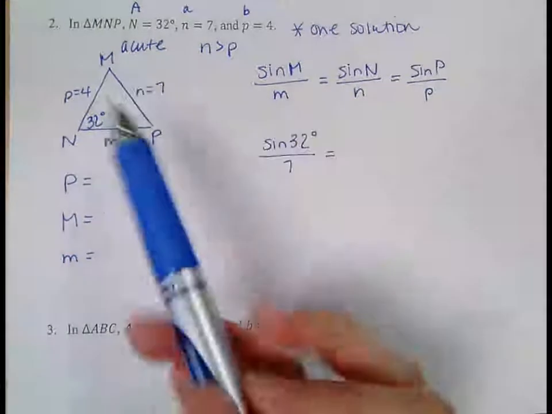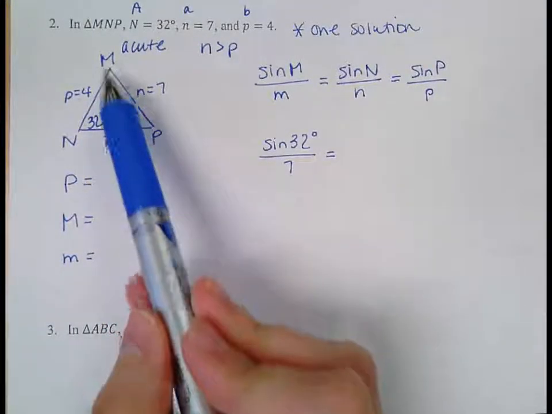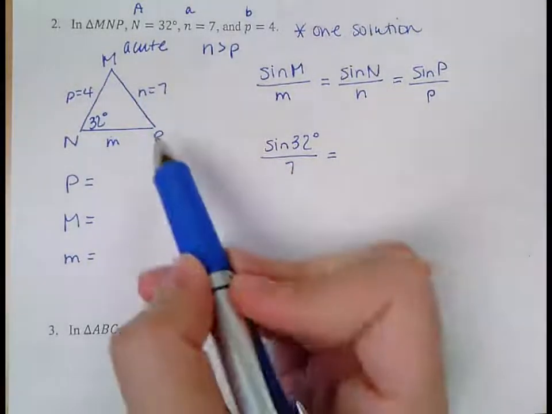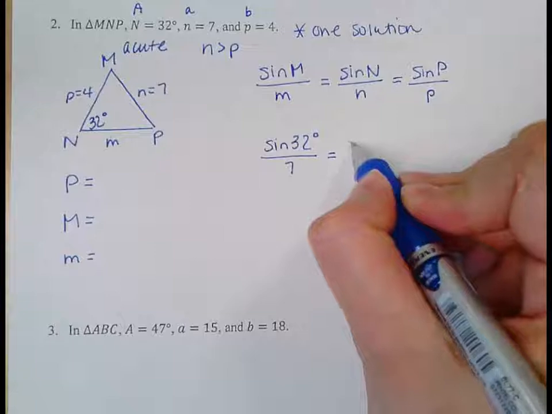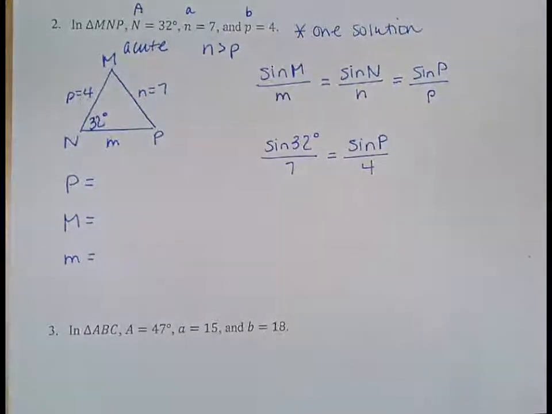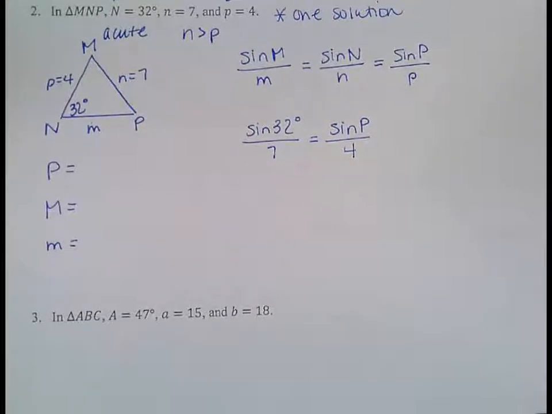Angle P, because we know side P. We can't find either angle or side M without knowing at least one of those two things. So we can find angle P: sine of angle P, which we don't know, over side P, which is 4. And solve this proportion to find angle P.